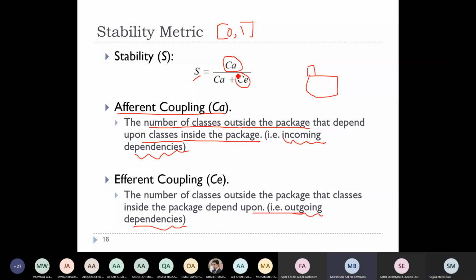Let's look at this from the CA and CE values. What will be the value of CA for us to have 0? 0. So this should be 0, right? So this means what? There are no incoming dependencies, correct?